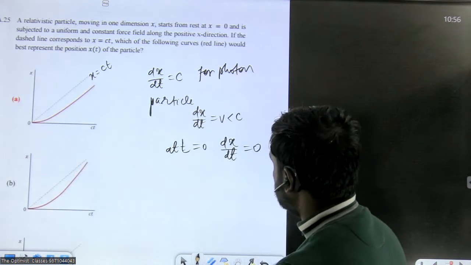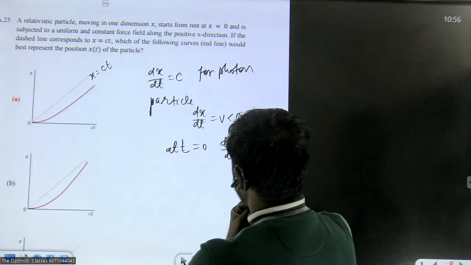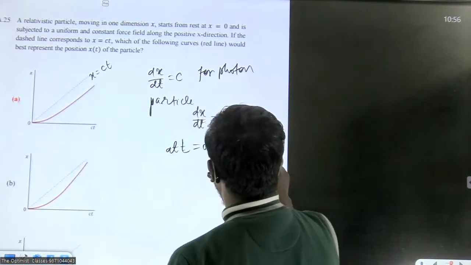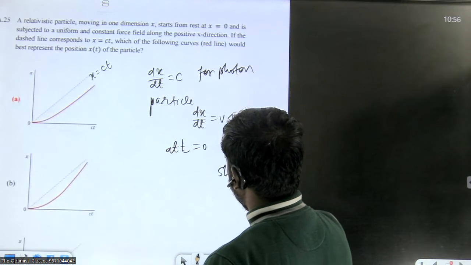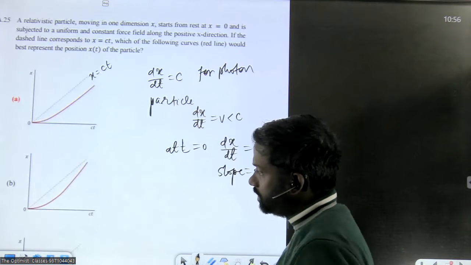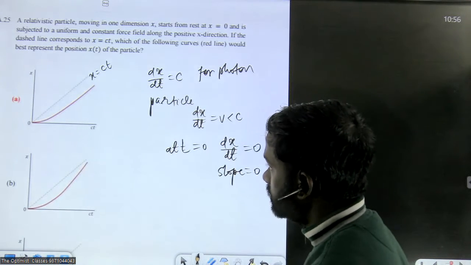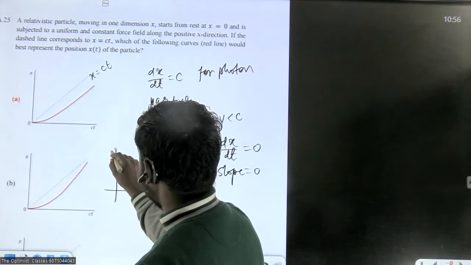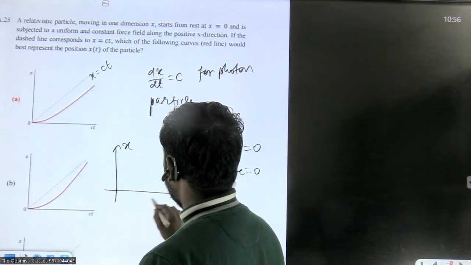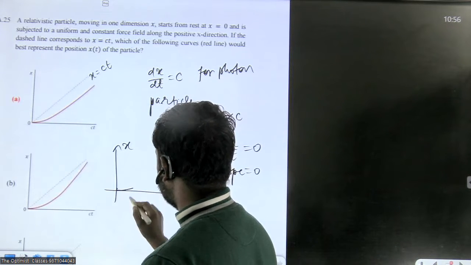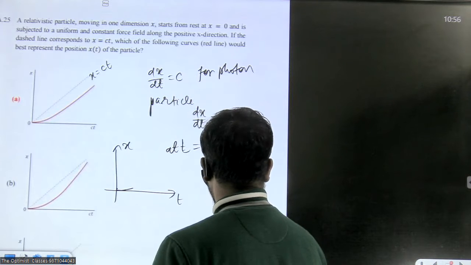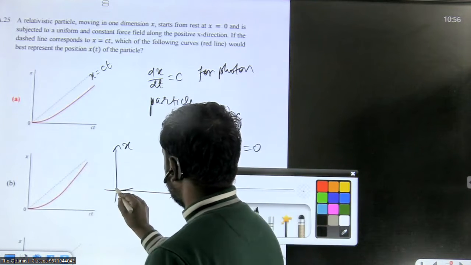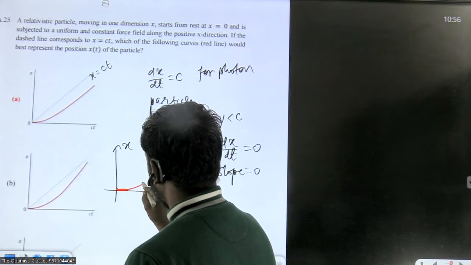It was at rest. So slope is 0. We are plotting the x versus t graph, so the graph has to start parallel to the x-axis, something like this.